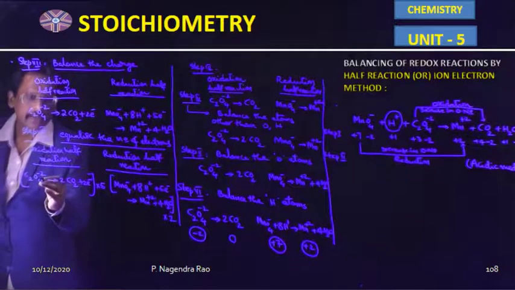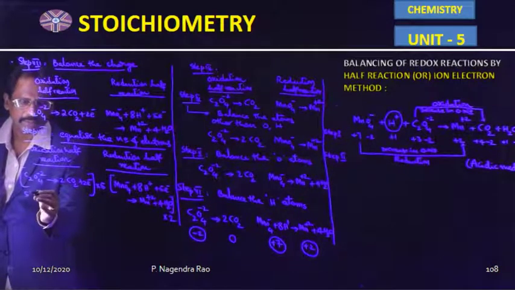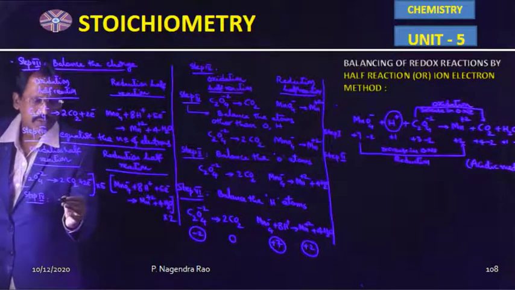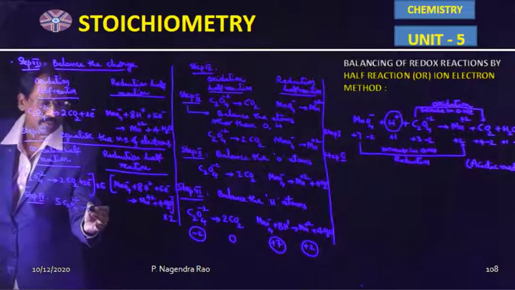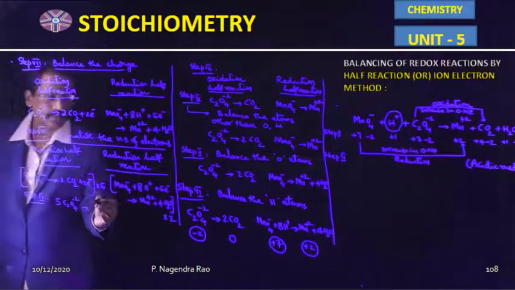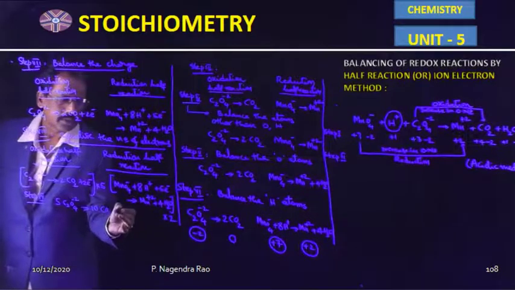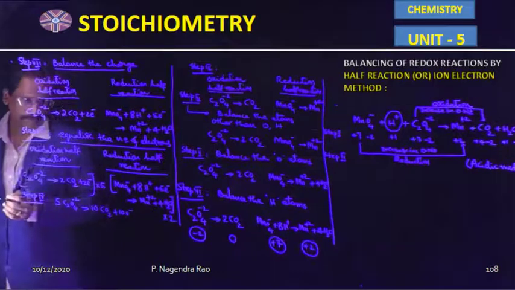Now, the last step is adding the half reactions. The oxidation half reaction is 5 C2O4 minus 2 gives rise to 10 CO2 plus 10 electrons.